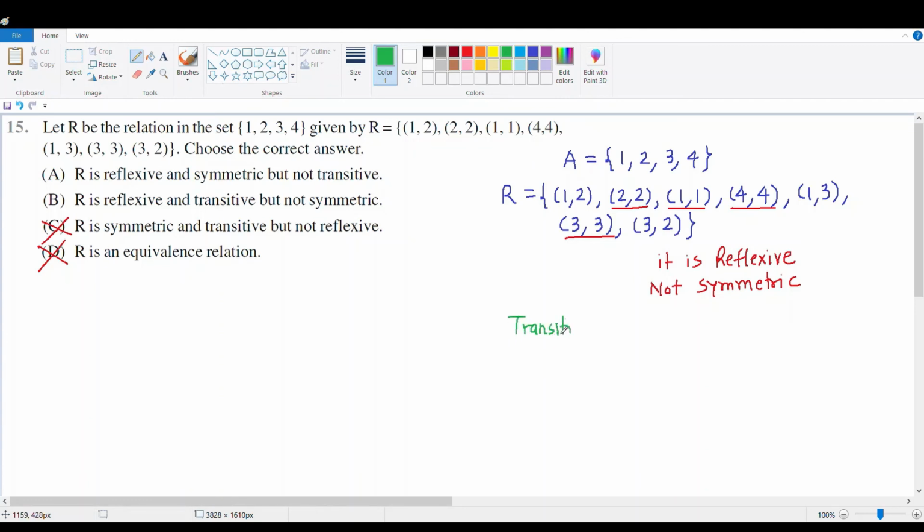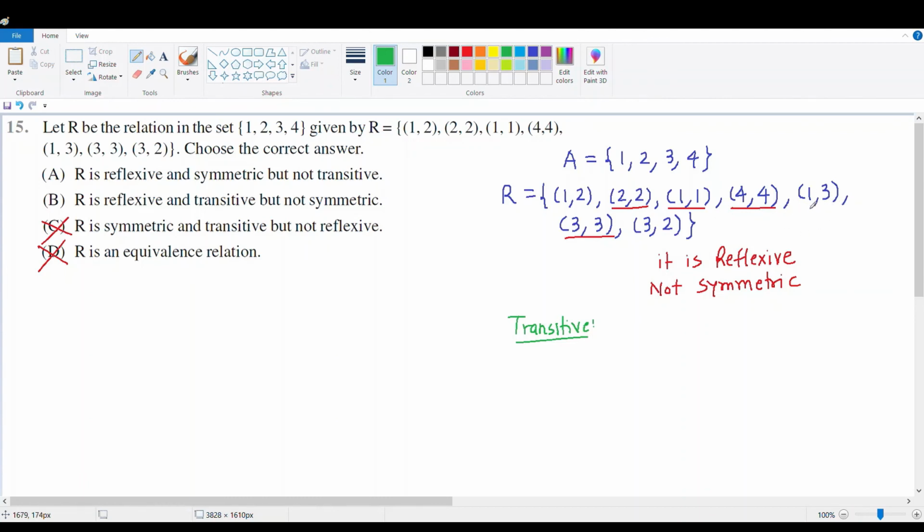For transitive, we got (1, 2) and (2, 2), so (1, 2), okay, we have that. Then we got (1, 1) and (1, 3), do we have (1, 3)? Yes, this is (1, 3), of course.